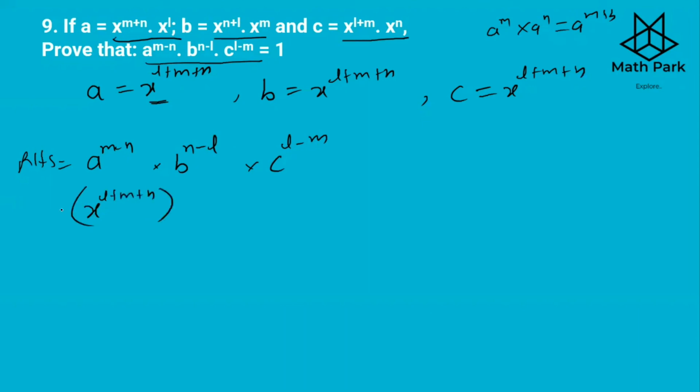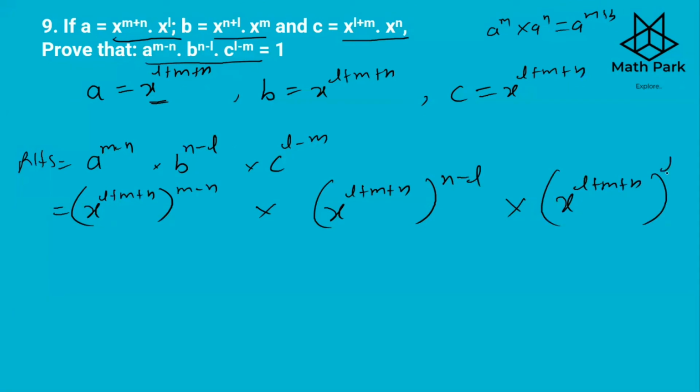In place of a, we are writing this, raised to m minus n, into, in place of b, we will write again x raised to l plus m plus n, this all raised to n minus l, into, in place of c, we will write x raised to l plus m plus n, this all raised to l minus m. Now we have the law a raised to m raised to n is equal to a raised to mn.